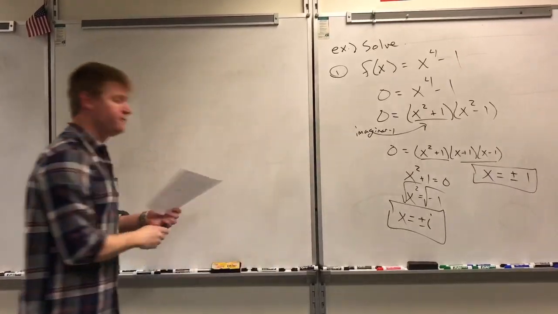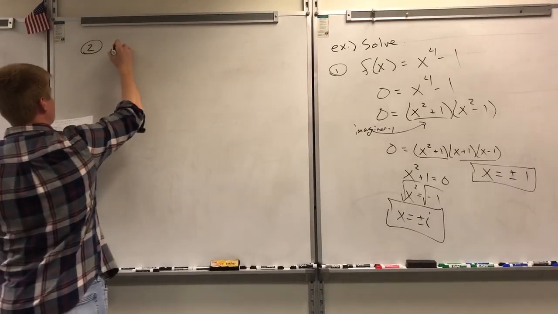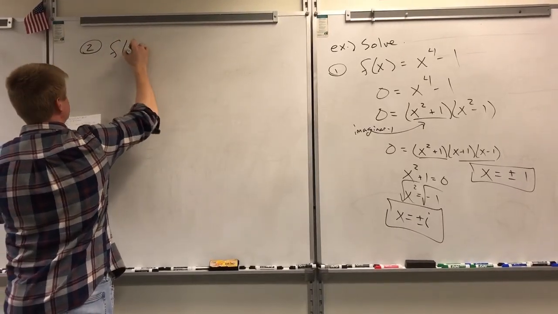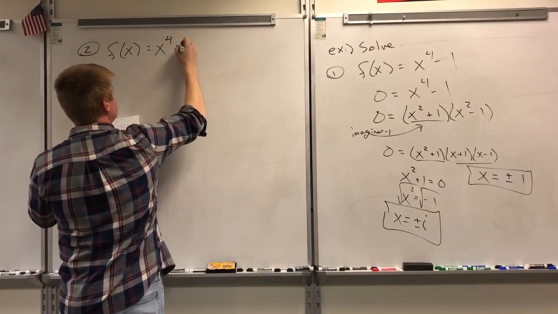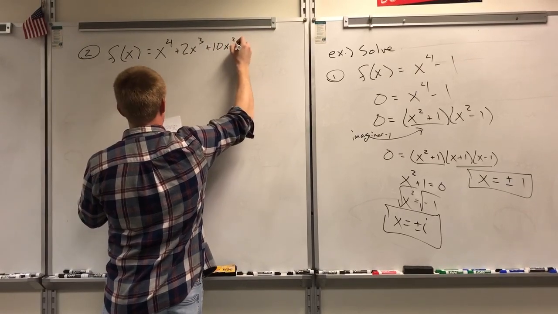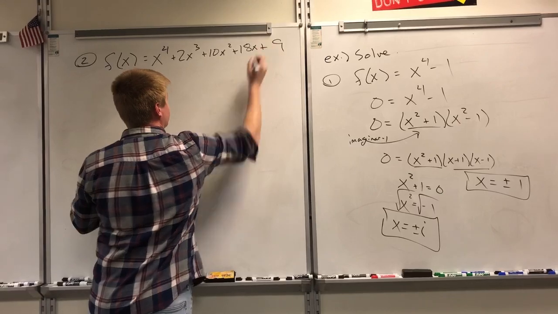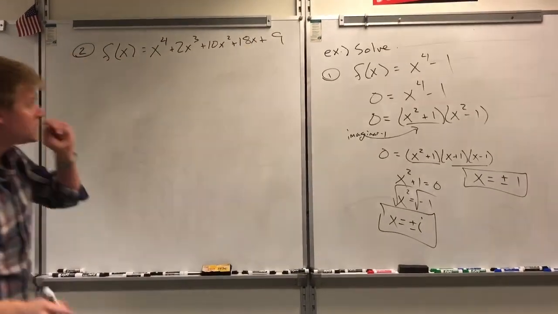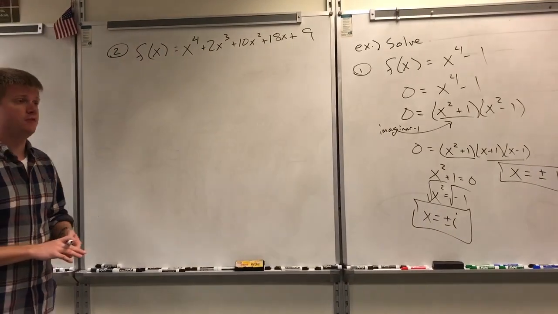Now what I am going to do for this one, I'll be a little more detailed with this one compared to the last one that we're going to do today. x to the fourth plus 2x cubed plus 10x squared plus 18x plus 9. Okay, so what I will stress, look for factor by grouping if you can.